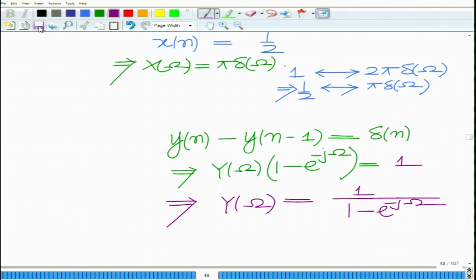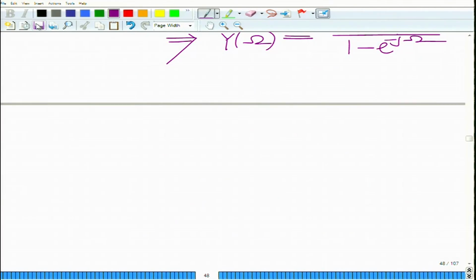And finally, the given sequence u[n] is x[n] plus y[n].